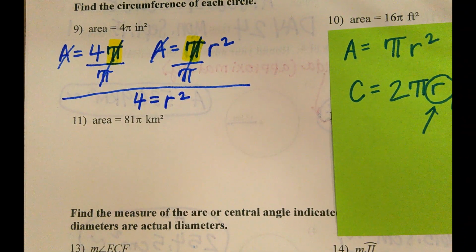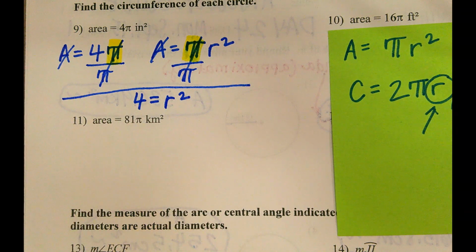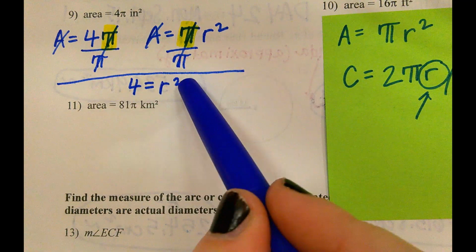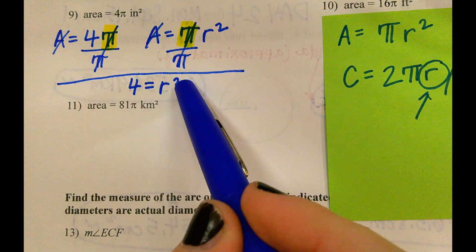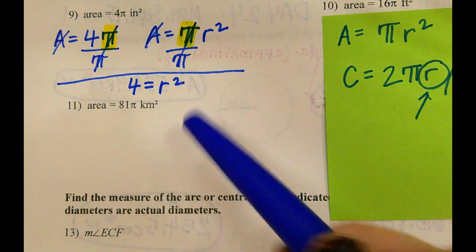I'm trying to solve for radius. Have I solved for radius yet? Almost. How can I solve for radius with this equation? Opposite of square. It's already squared. Missing one word after square. Square root. Yes.